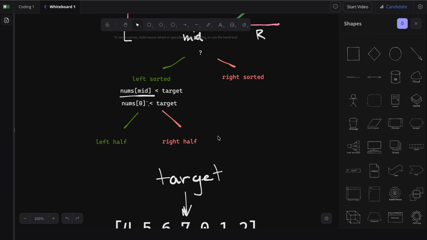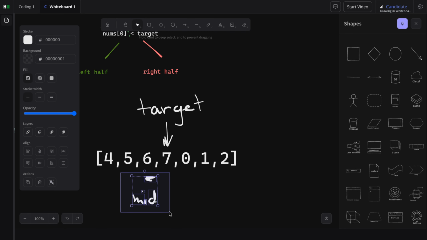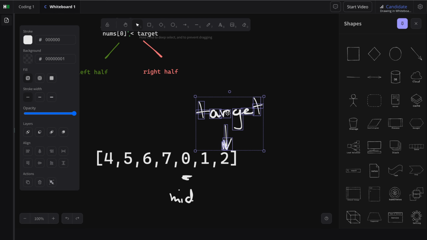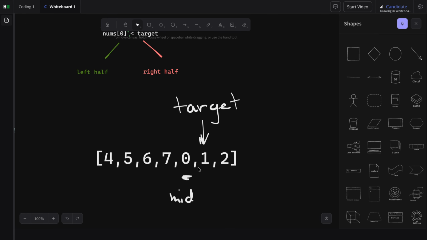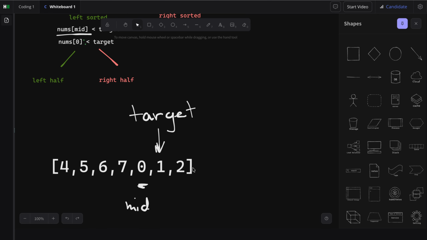And then is it the same with the right sorted? So that's what I was going to do next. If we take a midpoint and it's over here in the right sorted, and then let's say the target is in the right sorted as well, like 1 for some reason. So we're in the right sorted.